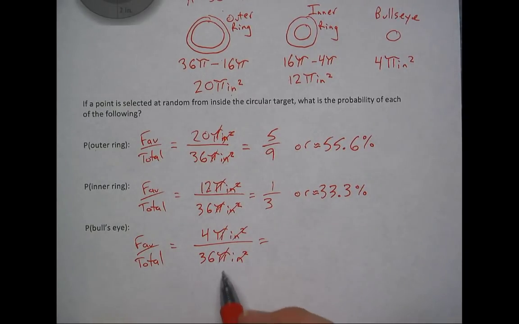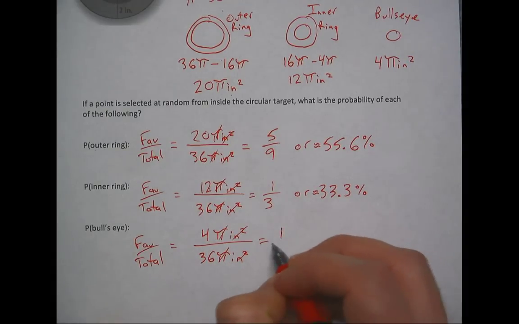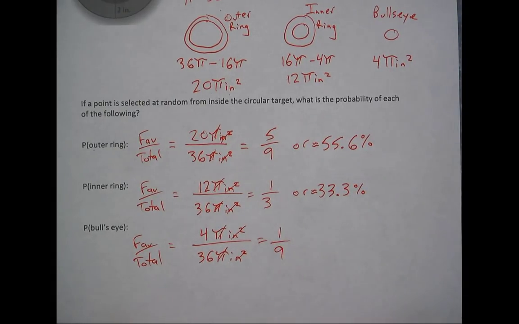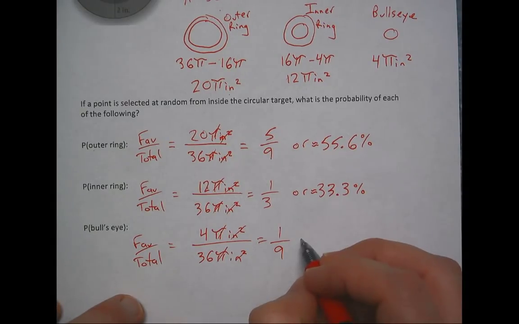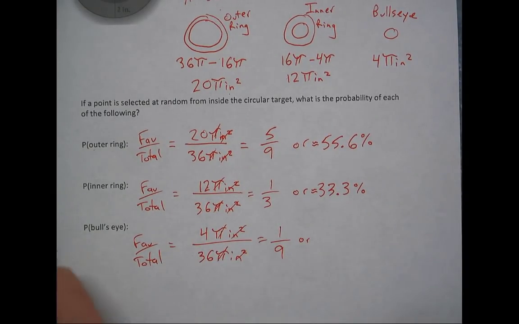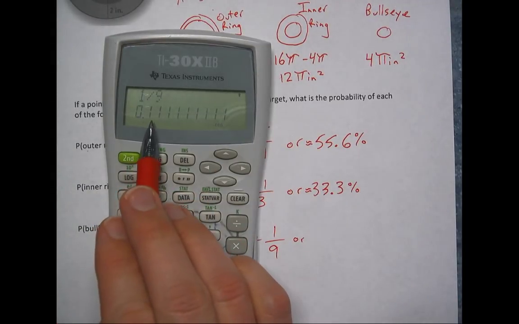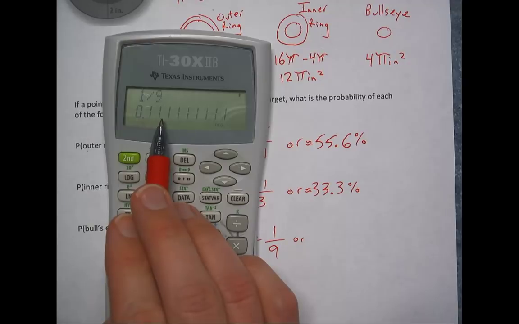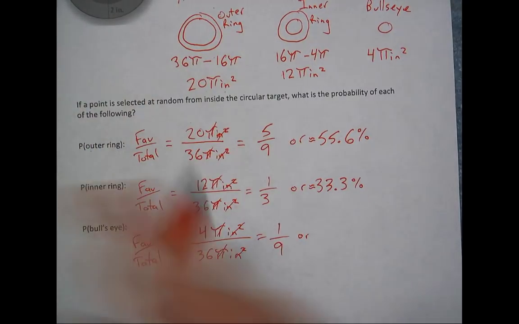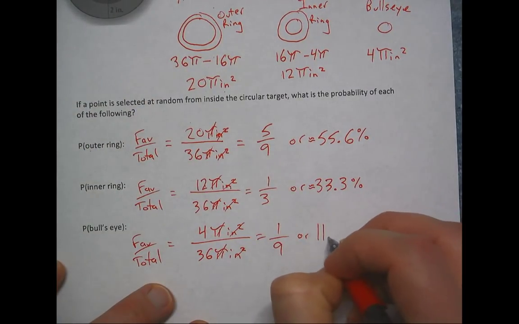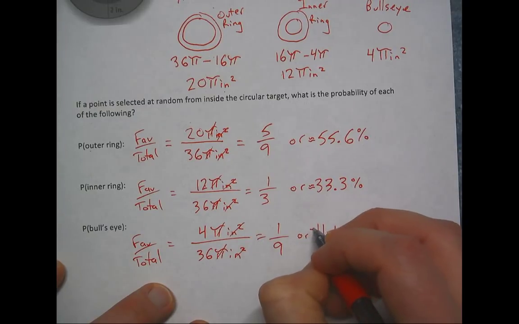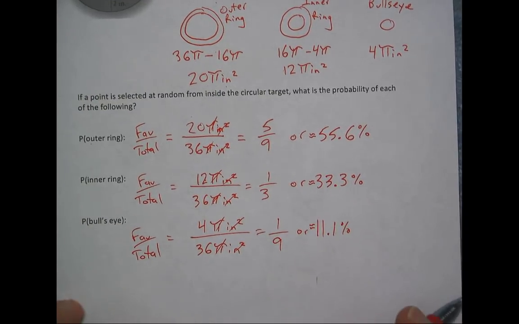You're left with 4 over 36. Simplify it, divide them by 4. So you get 1 and you get 9. We can leave that. Or we can divide 1 divided by 9, and you get 0.1 repeated. What percent is that? Move it 2 spots. 11.1. No rounding up. And again, that's approximate. We did cut off numbers, so approximately 11.1%.